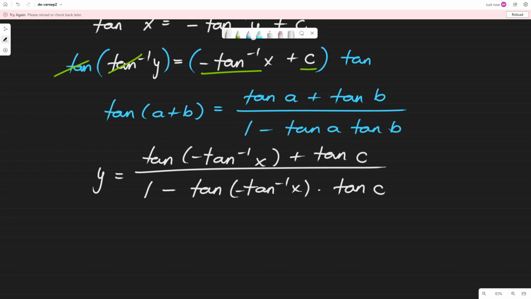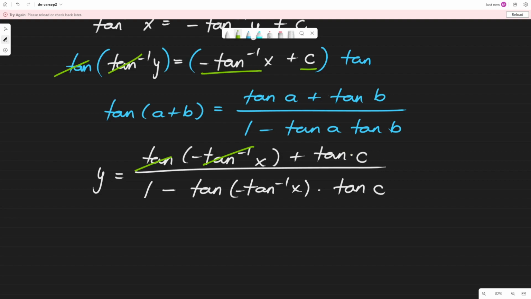Okay, this time pwede na nating i-cancel. Bakit? Kasi x na lang yung naiwan dito sa loob. So, cancel yung tangent, then yung arctangent. Yung negative, hindi natin i-cancel, kasi it will be treated as the numerical coefficient of x.